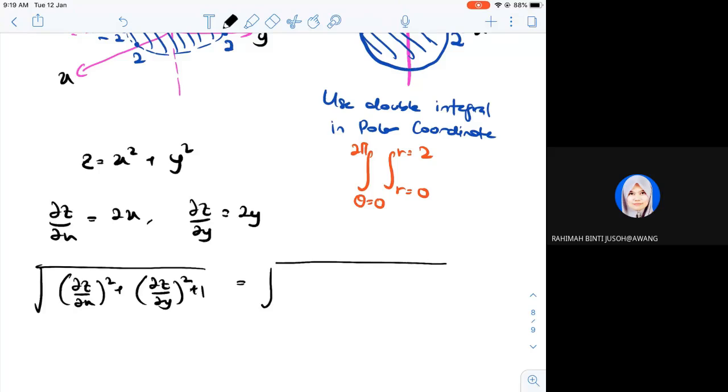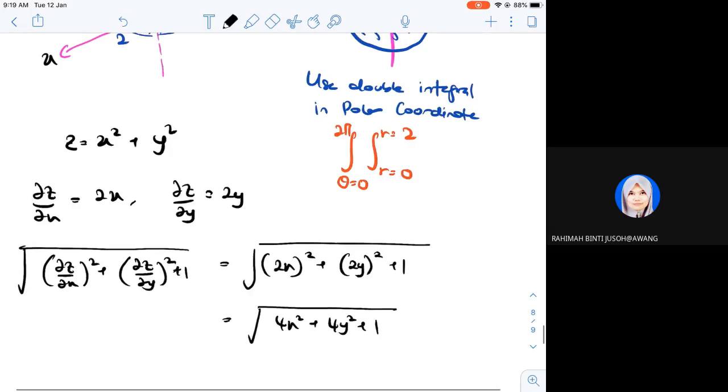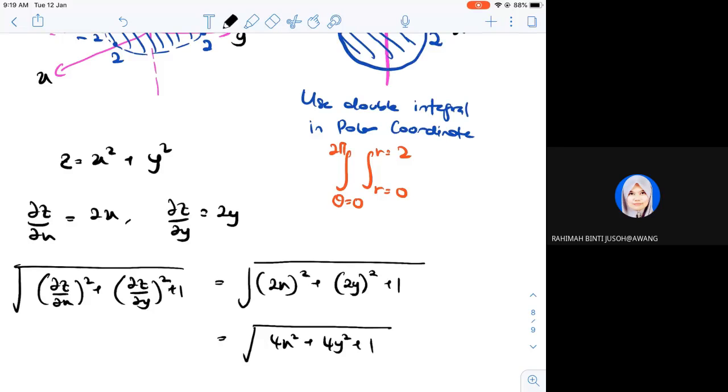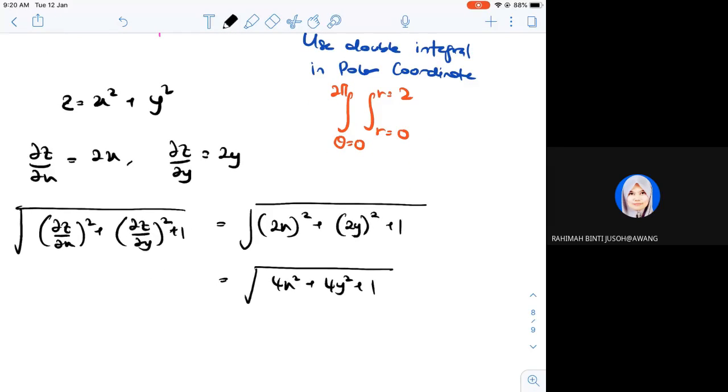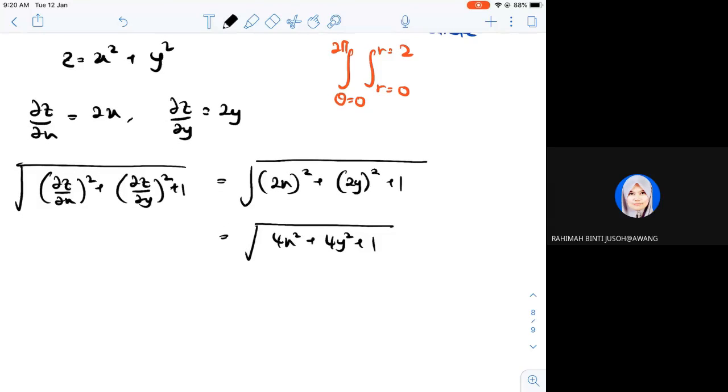It becomes 2x squared plus 2y squared plus 1. Then we have 4x squared plus 4y squared plus 1. Now guys, when you decide to use polar coordinates, it means you cannot have variables x and y anymore in our integral function. So you have to convert this into r and theta.